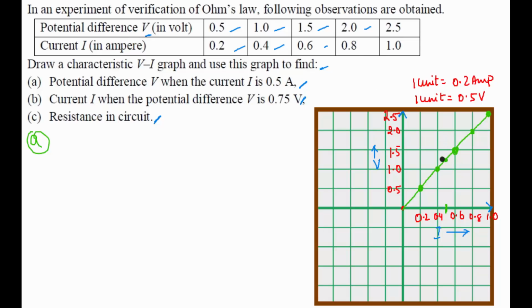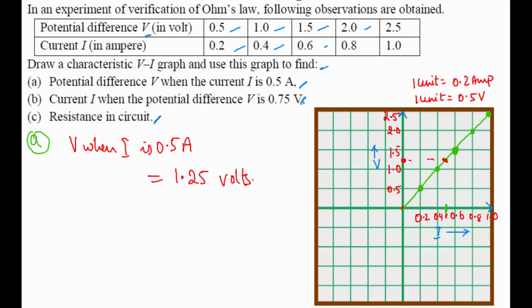So 0.5 is somewhere here and the corresponding point is exactly at the center of 1.0 and 1.5, which is nothing but 1.25 volts. So the potential difference V when I is 0.5 amperes will be equal to 1.25 volts.